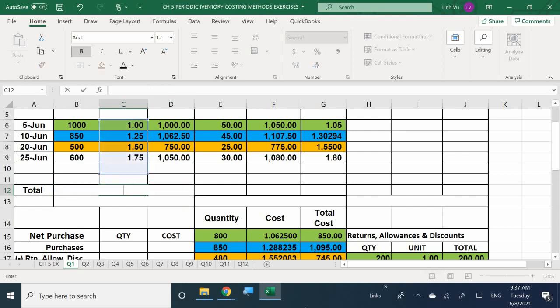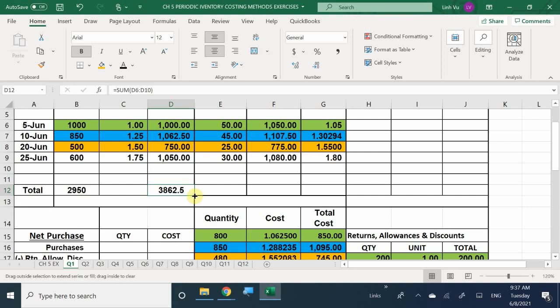Good. What was my original total cost for freight? $150. Okay, giving me my total cost of my original purchases to be $4,012.50. Good.